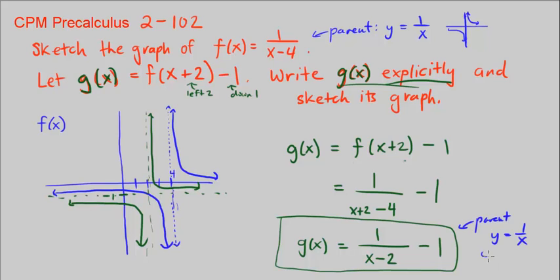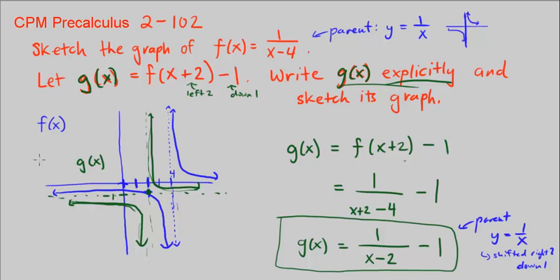We know it's the parent shifted right 2 and down 1, and that's what this is right here. If you start at the origin, shift to the right 2 units and down 1, that's going to make this the new origin for our green graph. If this is the origin for our green graph, then this is the graph of g of x.